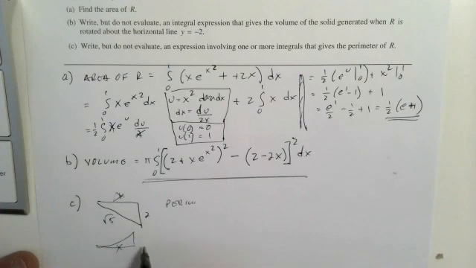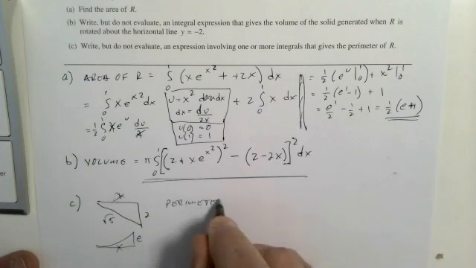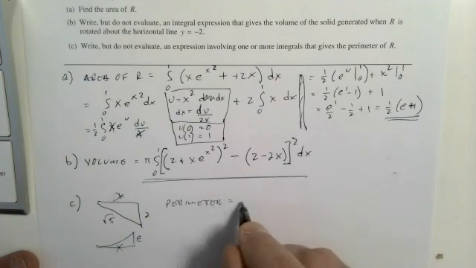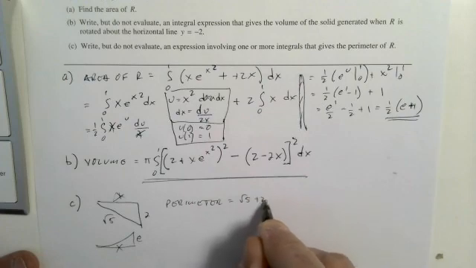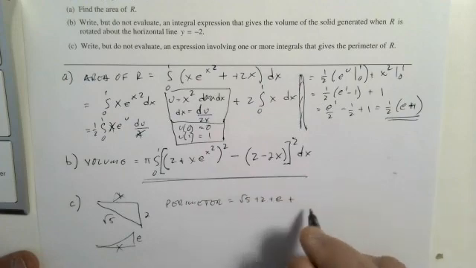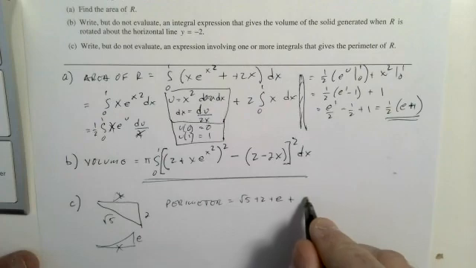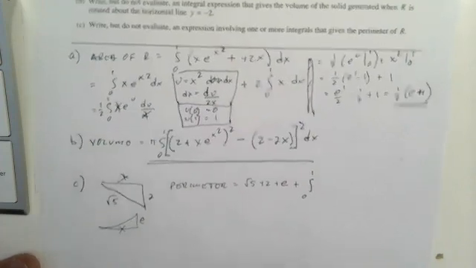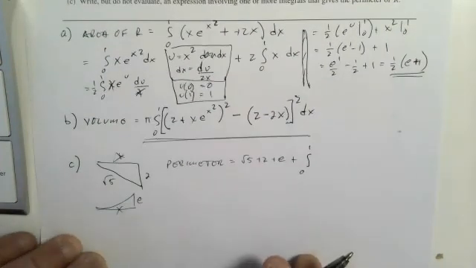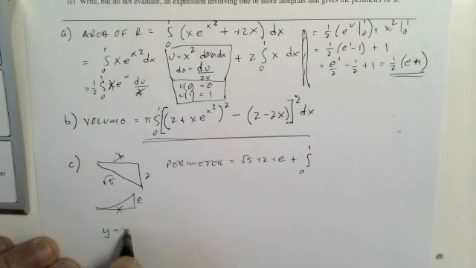Plug in 1, I get e to the 1. So this is e long. All right, so perimeter is root 5 plus 2 plus e plus, right, but don't evaluate, the integral from 0 to 1. Fully, I got to go over here and do some work. I need y equals x e to the x squared.